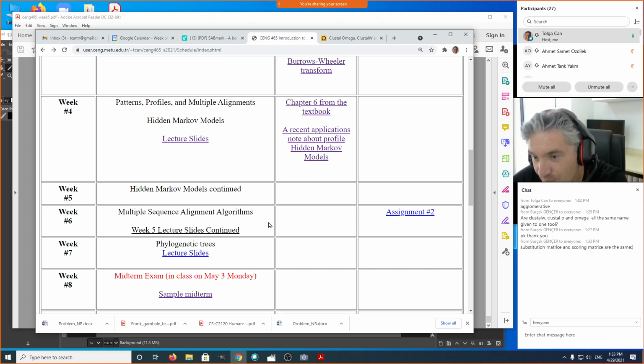Yeah, and substitution matrix and scoring matrix are exactly the same, a good point. They mean the same thing. But position-specific scoring matrices are different from substitution matrices. They are like substitution matrices, which are computed for each position of a profile separately. When you think about position-specific scoring matrices, that's like a profile.